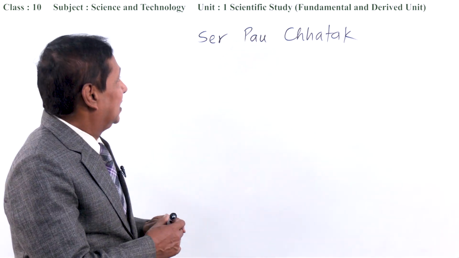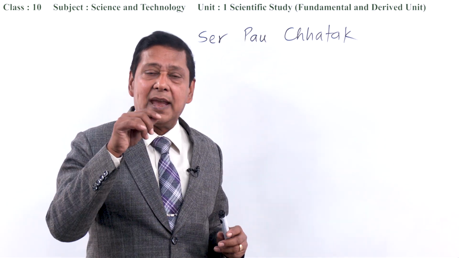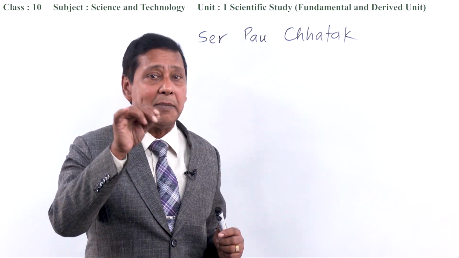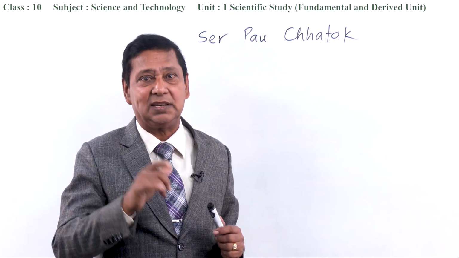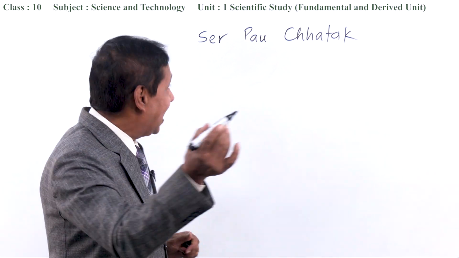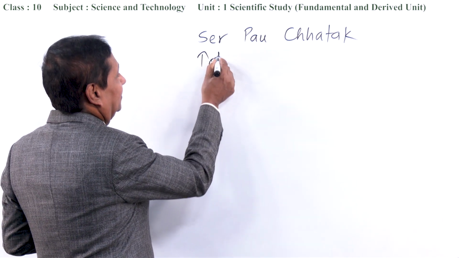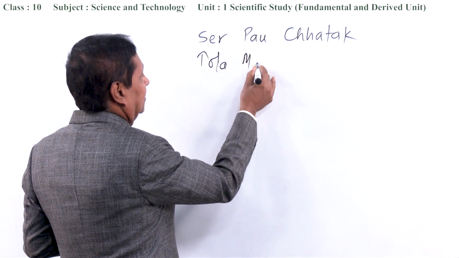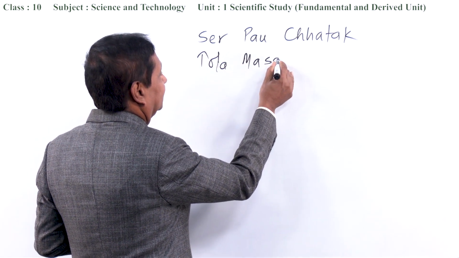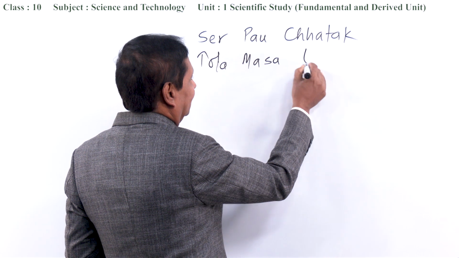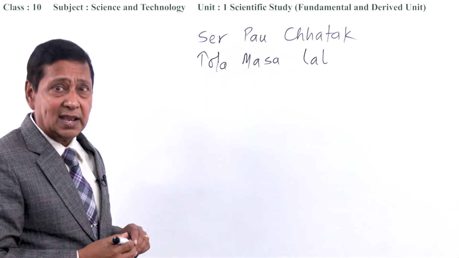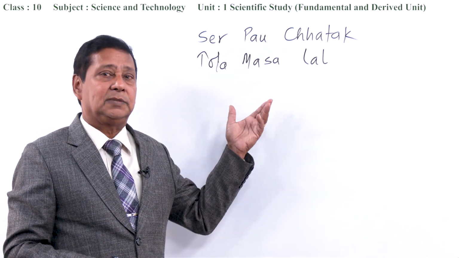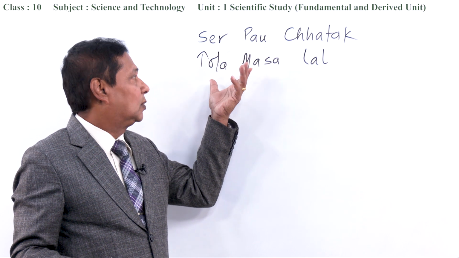In the same way, till now, we are using tola, masa, and lal in the measurement of gold. Till now it is used in the measurement of gold.